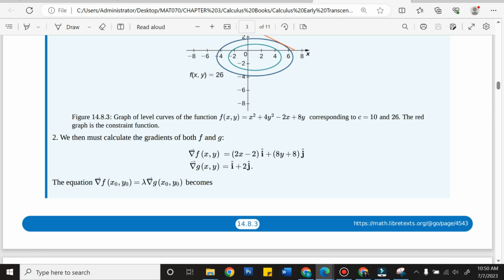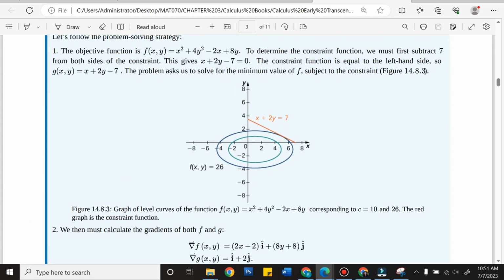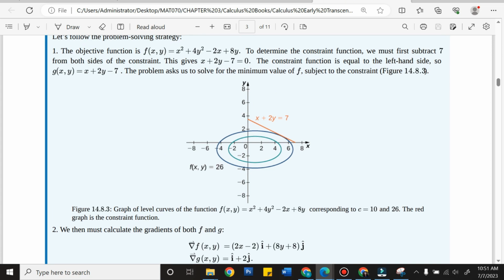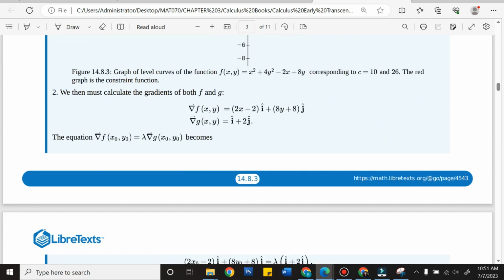Now, for the gradient, number 2, we have 2x, the derivative of this, minus 2, and the derivative of y, 8y plus 8. And what is g? The derivative of x is 1, so i. The 2y is 2, so we have 2j.